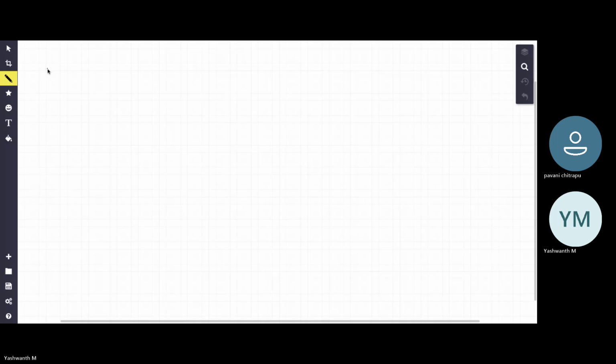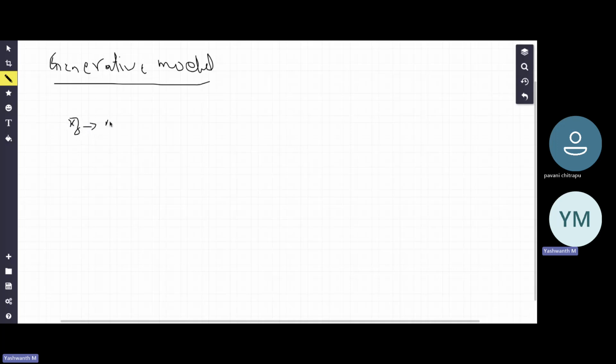So what is a generative model? I'll quickly go over the high-level overview of this generative model. We have to sample the data. Given some random input, say this is some Z, sampled from a Gaussian distribution, and this is the generative model.